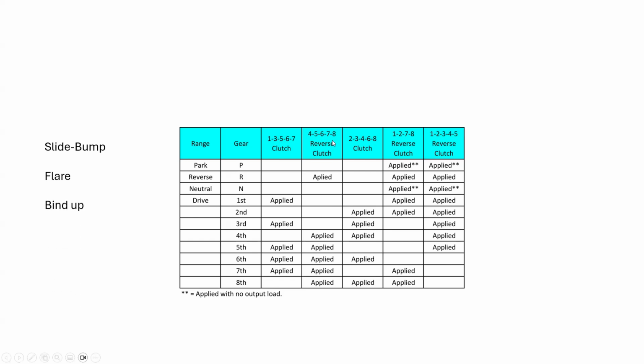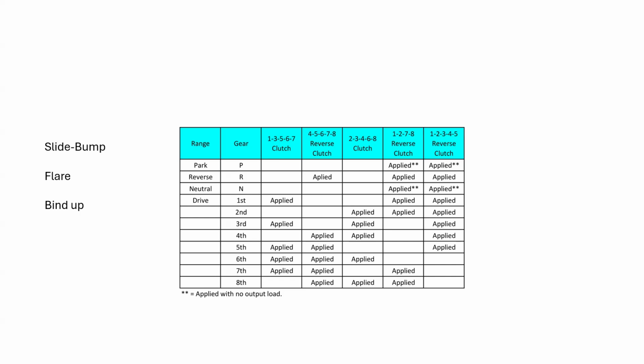Bind up. Now it's the opposite of a flare. Instead of a momentary neutral effect, what you have is the first clutch has not released by the time the second clutch applies. So the sensation that you'll feel, it's as though someone put on the brakes momentarily.